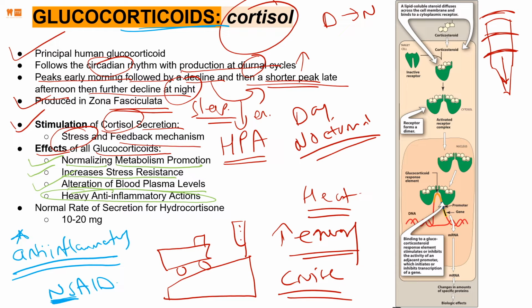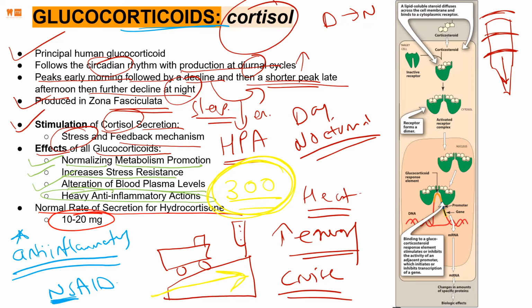Okay, normal rate of secretion of hydrocortisone, 10 to 20 milligrams. However, under stress, expect up to 300 milligrams, right? Why? Well, think of it. Your car's going uphill. You're having a tough day, right? You're walking upstairs because the elevator is broken. You're putting your body through a lot of physical stress. That stress needs to be coped with, right?